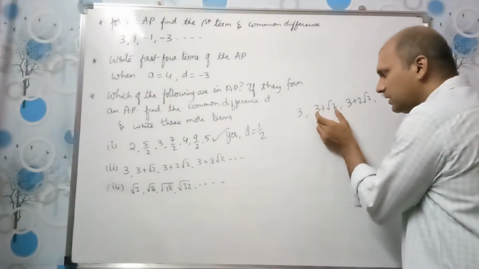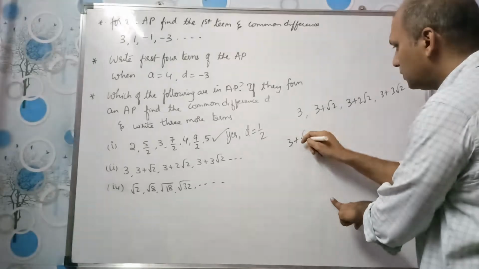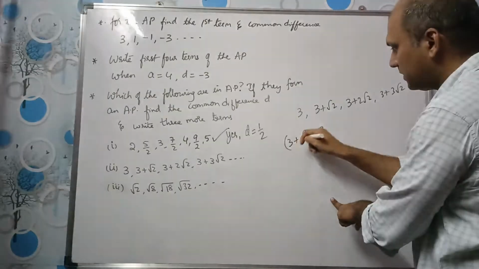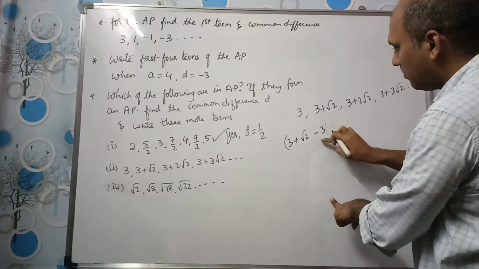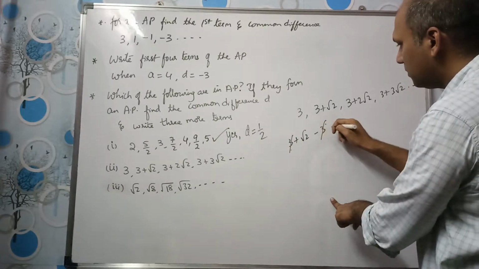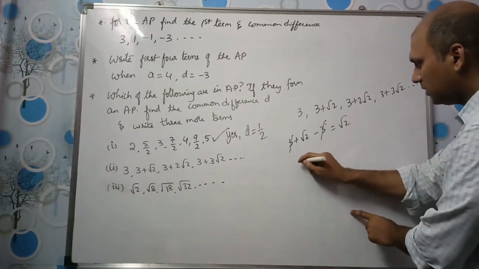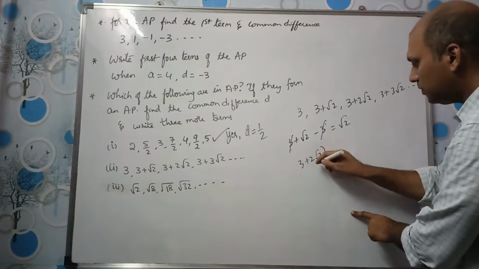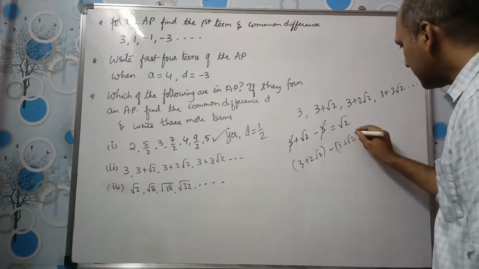Let us check that. See, (3 plus root 2) minus 3. Write it inside the brackets, right? If you remove the brackets, minus 3 plus 3 will become 0. We'll have root 2. So this is done. Let us subtract the next two: (3 plus 2 root 2) minus (3 plus root 2), inside the brackets, right?